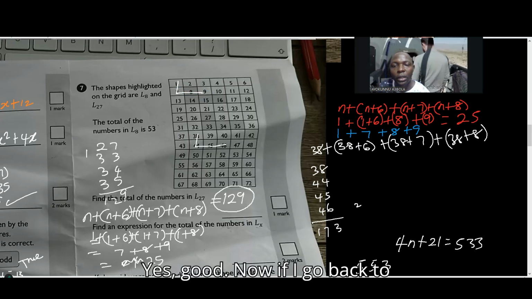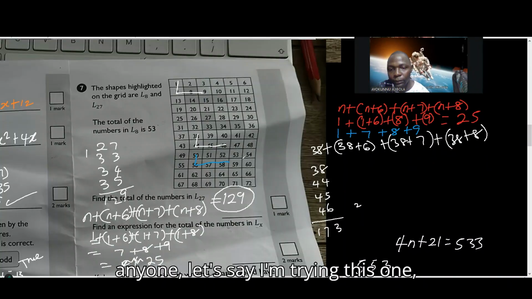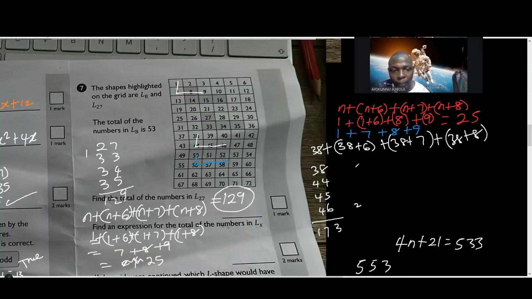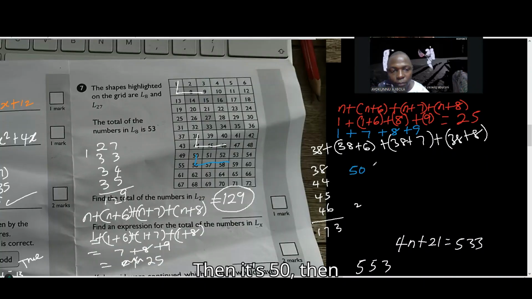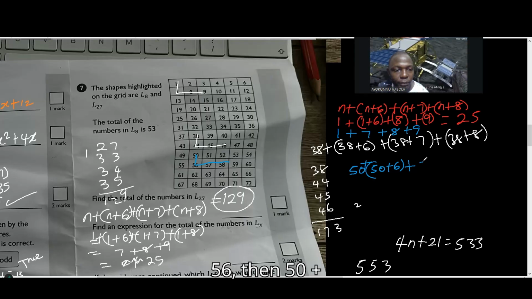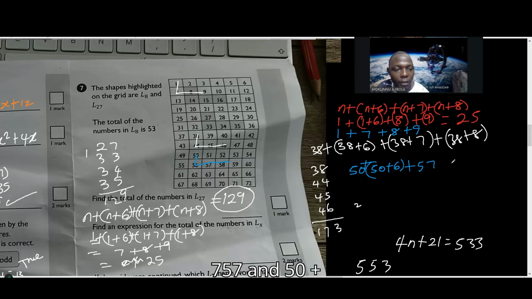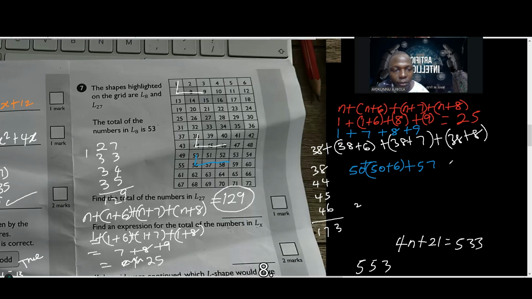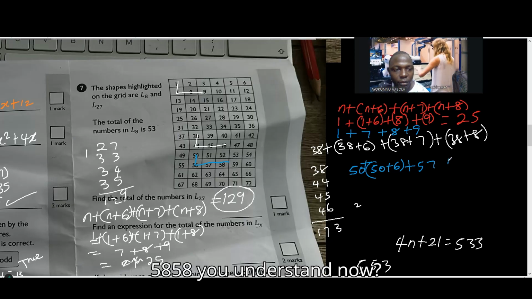Now if I go back to another, let's say n is 50, then 50 plus 6 is 56, 50 plus 7 is 57, and 50 plus 8 is 58. You understand now?